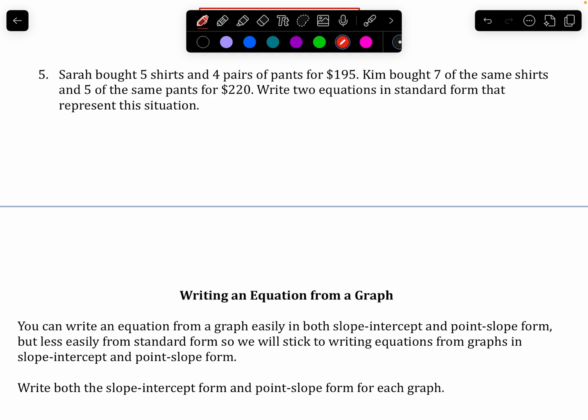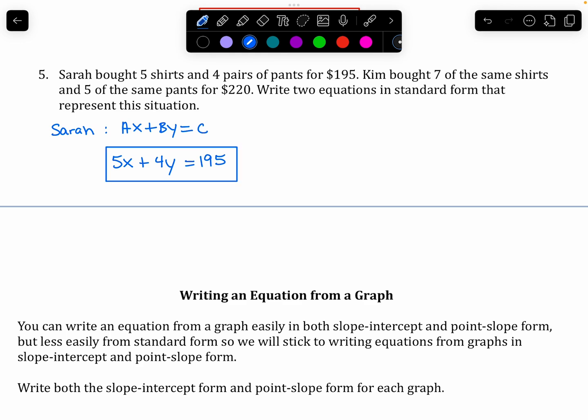Number 5 says, Sarah bought 5 shirts and 4 pairs of pants for $195. Kim bought 7 of the same shirts and 5 of the same pants for $220. This one wants us to write 2 equations in standard form that represent the situation. So I'm going to have Sarah's equation, AX plus BY equals C. So this is for Sarah. My C for Sarah was $195, and she bought 5 shirts and 4 pairs of pants. So that's Sarah's equation.